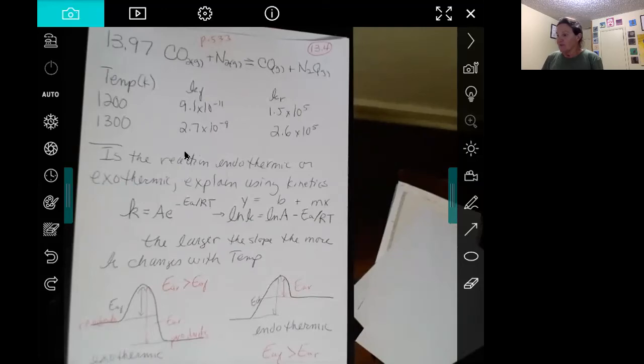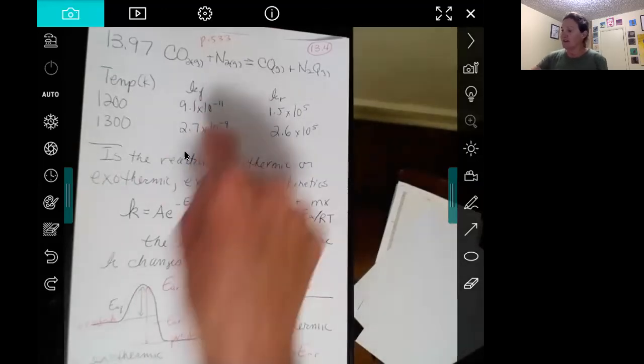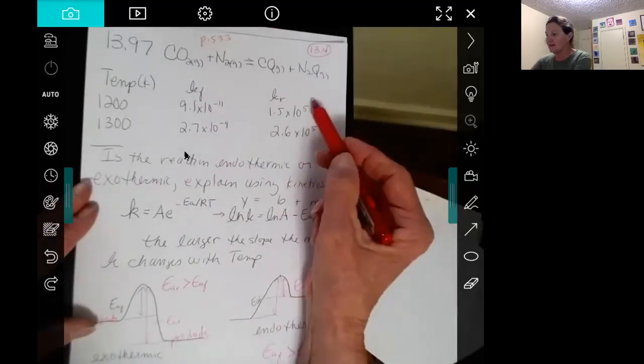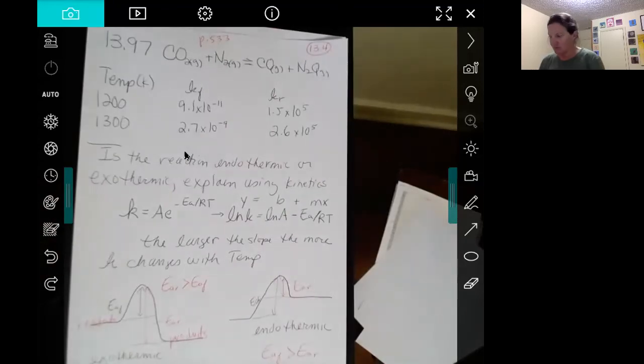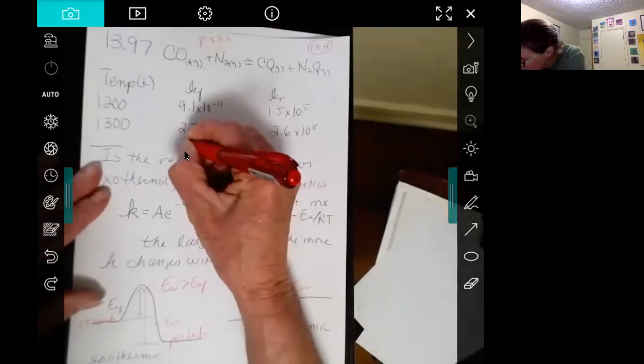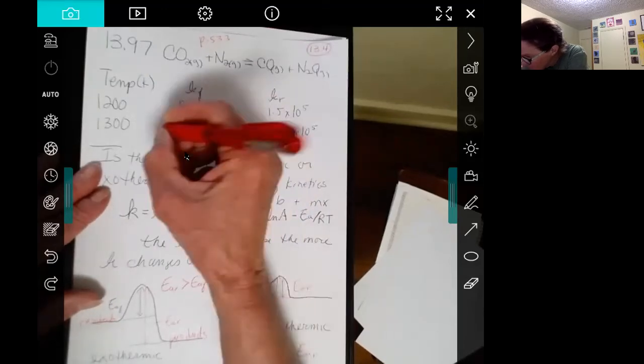And so what we want to look at here is not what the values of k are, but how much they change with temperature. So when you look at this first one, 2.7 times 10 to the minus 9 divided by 9.1 times 10 to the minus 11, with that temperature change, it has changed by a factor of 2.6.